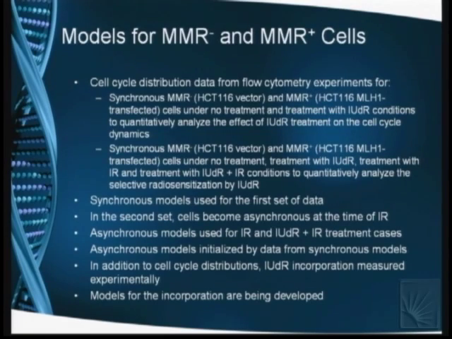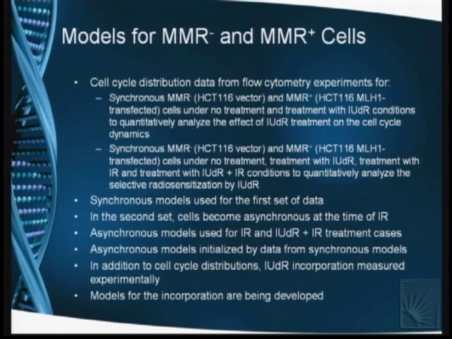The first data set we have used came from mismatch repair deficient and proficient cells. Those are the HCT116 cells, and they were treated with IUDR. The aim of this study was to see the cell cycle dynamic differences under only IUDR treatment conditions.